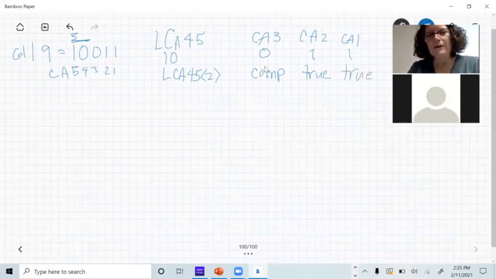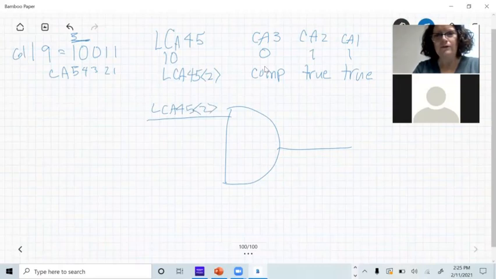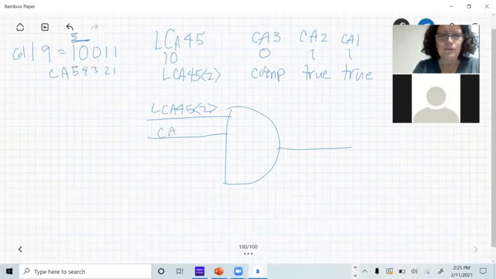So basically, in order to get column address 19 addressed, what I would need is LCA 45 of 2 going to the driver, and I would have to AND that with CA3 not, because I want that to be 0.